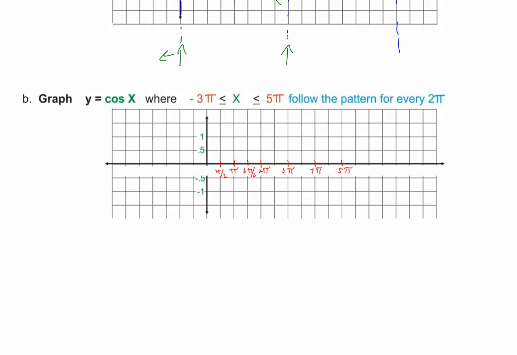And now backwards, you have to do the same thing. 2 marks back is negative pi. 4 marks back is negative 2 pi. And 6 marks back, 2 more from that one, is negative 3 pi. So we are scrunching up our view some, but that's okay. It's not a problem. We can do that.